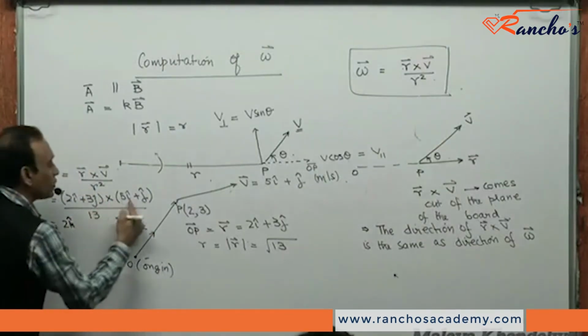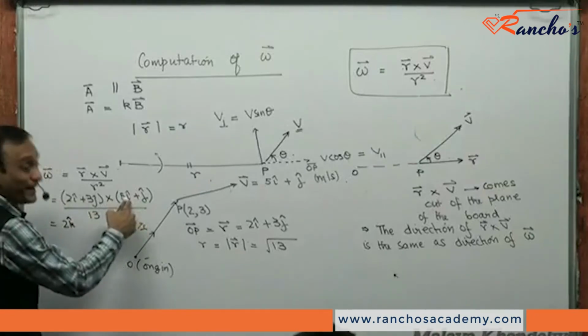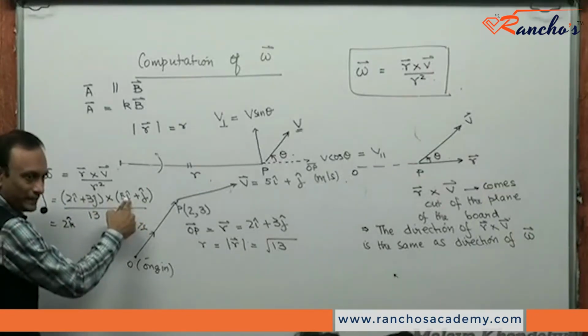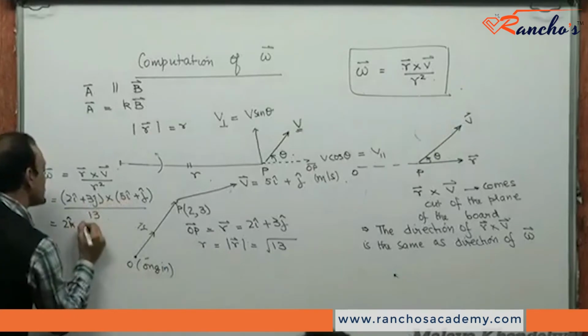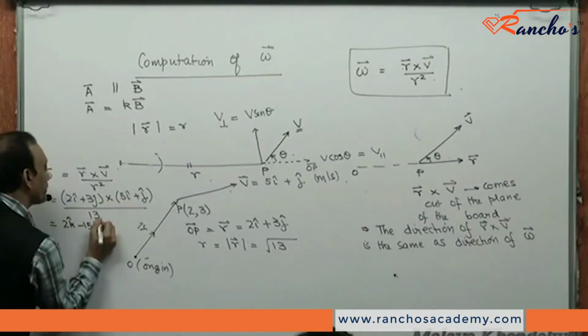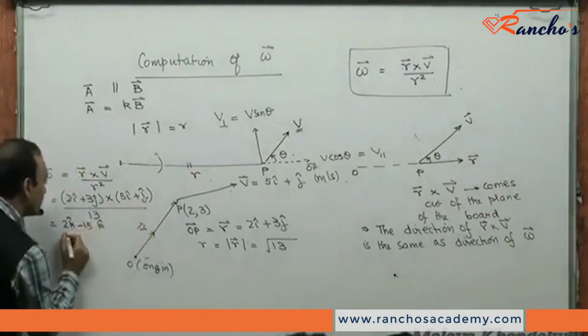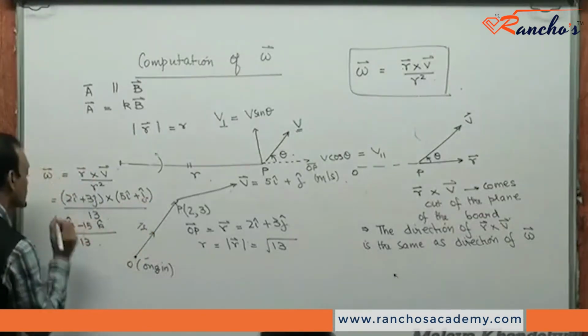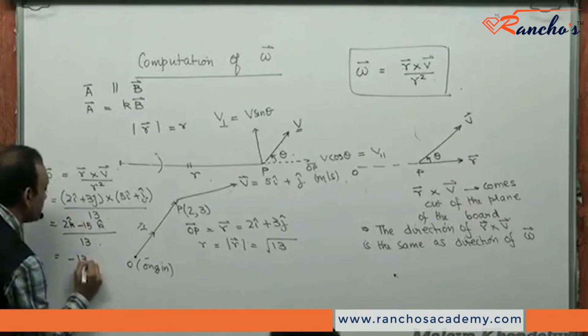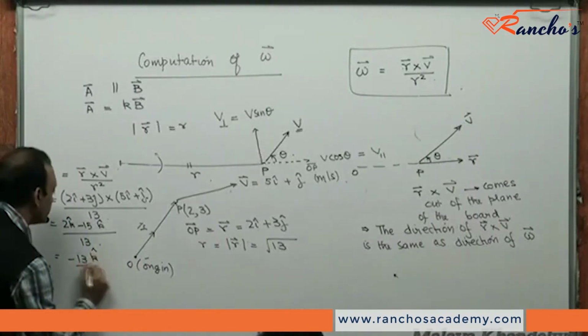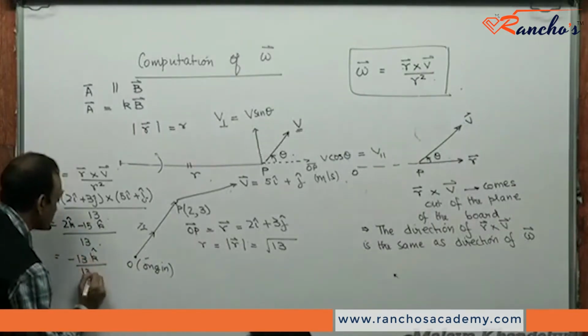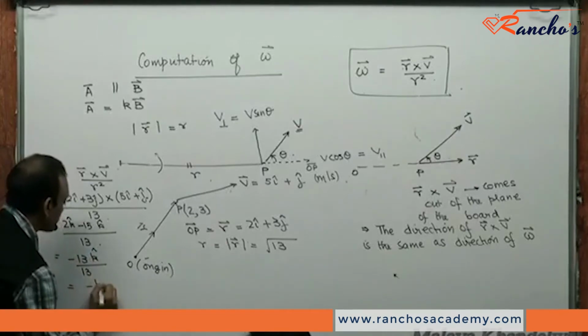J cross i would be minus k, so I get minus 15k cap. And j cross j is 0. Divided by r squared, which is 13. So that's minus 13 k cap by 13, which is minus k cap. Yes or no?